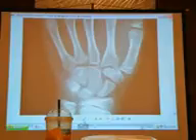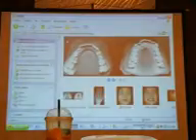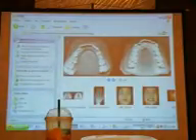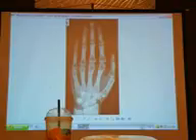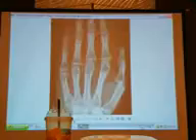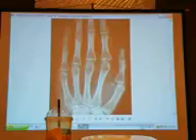Now let's also look at another one. This lady is already in a more advanced condition. Actually she's 12 years old, she's almost 13.